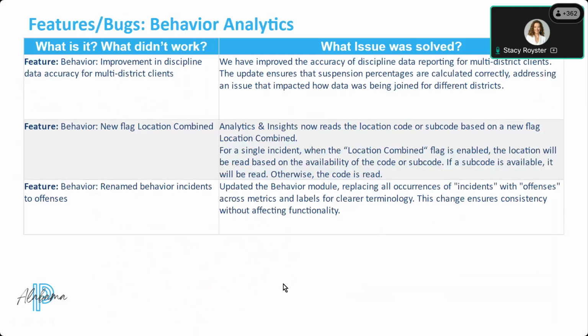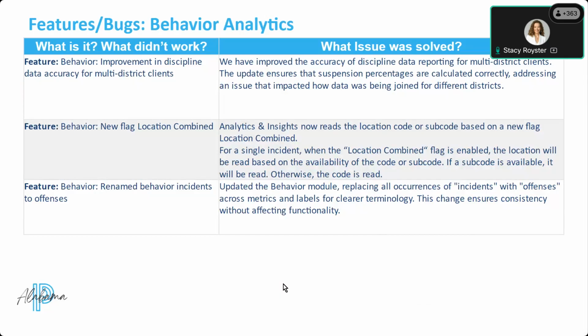Couple of analytics that have had just feature and bug fixes, just kind of the FYI y'all on these. Improvement in discipline data accuracy. There were some bugs that they found in multi-district clients, which is what we are as a state user, that the suspension percentages would sometimes calculate incorrectly because of how it was joining different districts together.